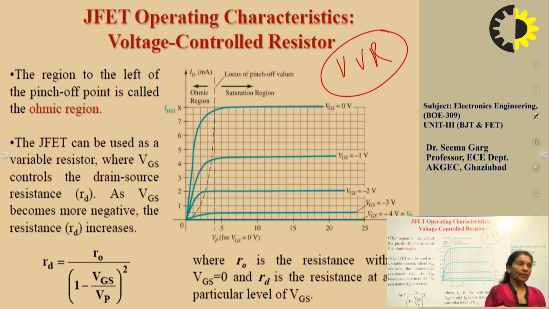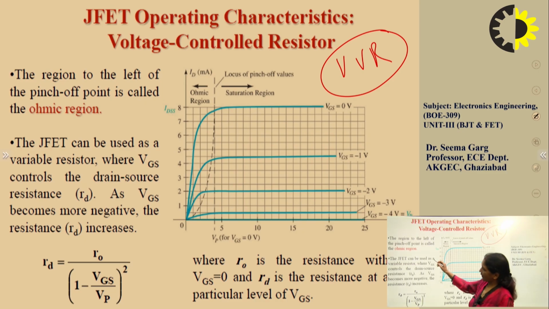What does it mean? That resistance is being controlled by the voltage, that is VGS. And this is one application of the junction field effect transistor, that it is used as a variable resistance in this particular region. Here you can see that as you keep on increasing the voltage, your resistance is increasing. It is more and more when you are increasing this voltage.